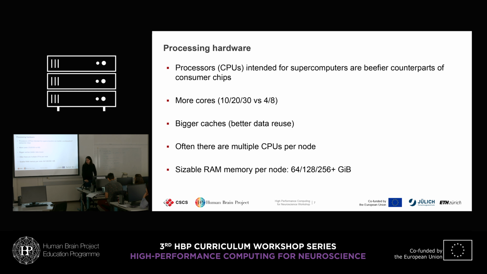Compare that with the advertising for the latest personal computers: 8 cores, 16 cores, 70, 100. Nodes also have a very generous amount of RAM, of memory. 128 or 256 gigabytes is not a problem. There are also usually specialized big memory nodes with up to 1 terabyte of RAM per node.